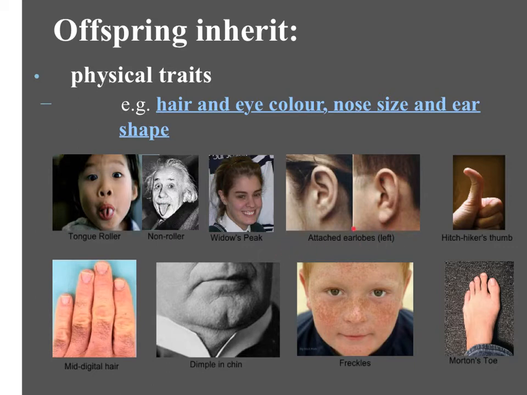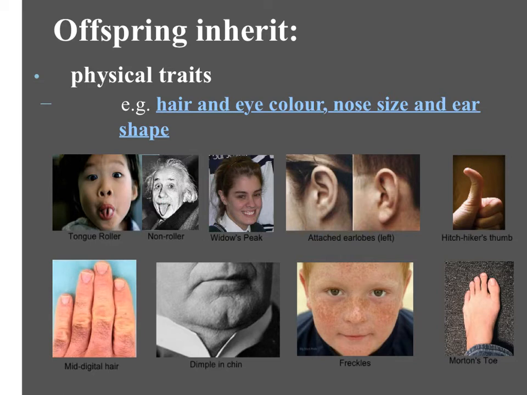Attached earlobes. Check your earlobe. Is it attached to the skin of your cheek or is there a distinct lobe there? There's also hitchhiker's thumb. Hitchhiker's thumb is the ability to sort of bend it back. And there's some people who can bend it way far back and some people who can't bend it at all.